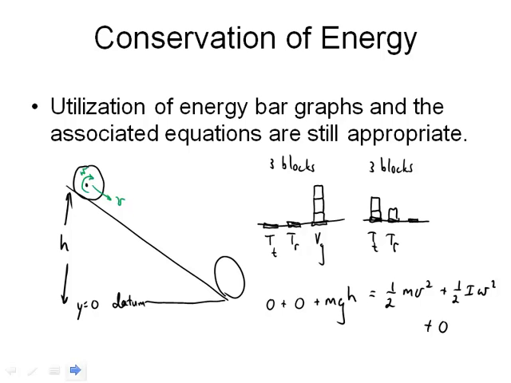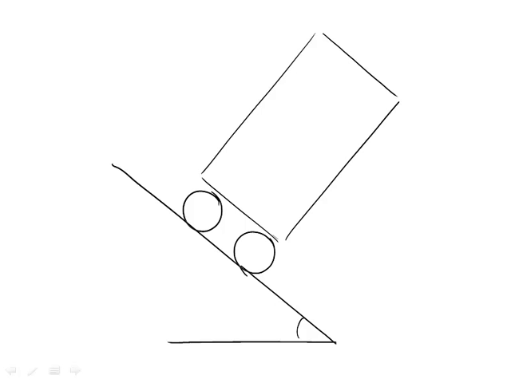I don't know what I'm given and what I'm looking for, but that's the equation that I would set up to solve this problem. In this particular case, where I have a cabinet on wheels rolling down the inclined plane, I'm going to have rotational kinetic energy for each wheel and translational kinetic energy for each wheel, and then a translational kinetic energy for the cabinet. So in this case, the energy bar graph would be set up with 5 blocks or 5 slots for kinetic energy.